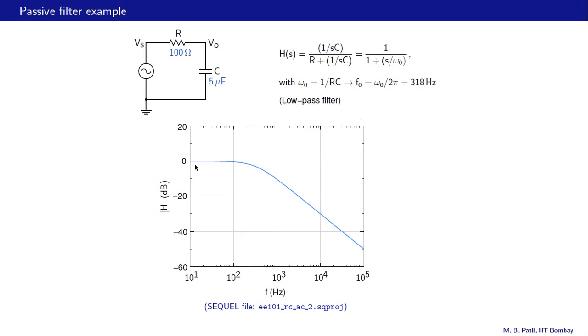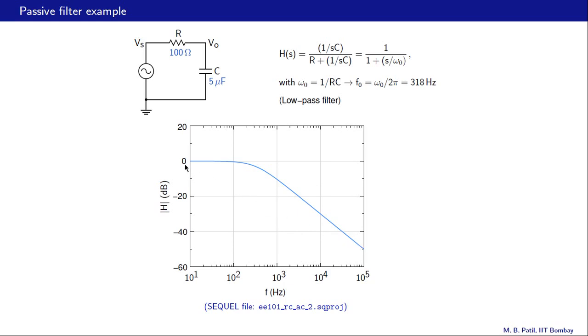Here is the magnitude plot, mod H in dB versus F in Hertz on a log scale. So the gain is 0 dB here, because for small values of omega this term is small and H of s tends to 1. This is the high frequency part, and as we would expect, mod of H keeps going down as the frequency increases.